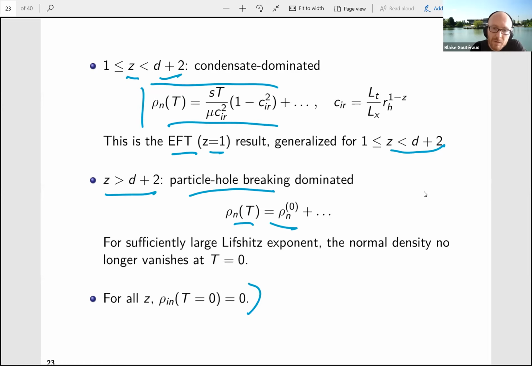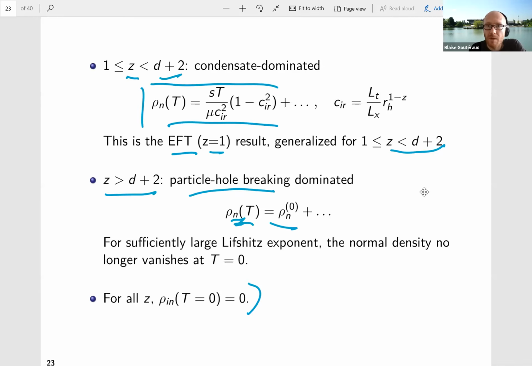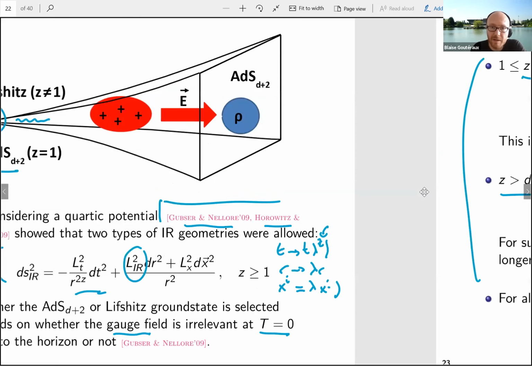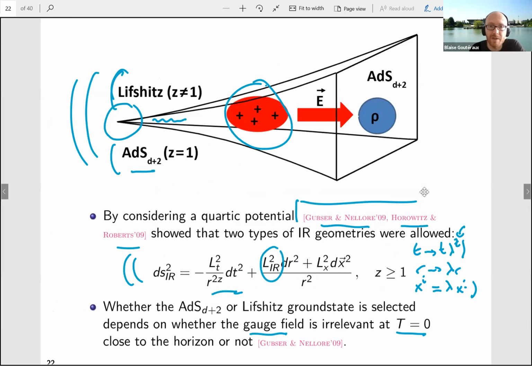And here, just to connect back to the discussion we were having at the beginning of the talk about the fact that rho n and rho s are IR parameters and not UV parameters: in all of these ground states, the charge of the solution sits entirely at zero temperature in this condensate.